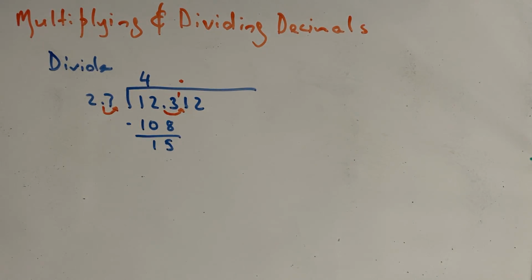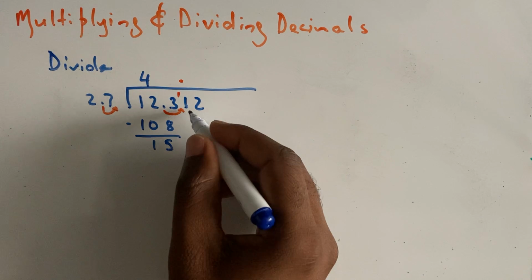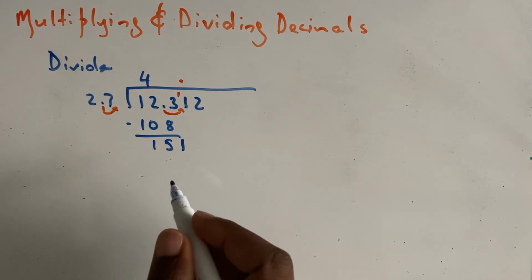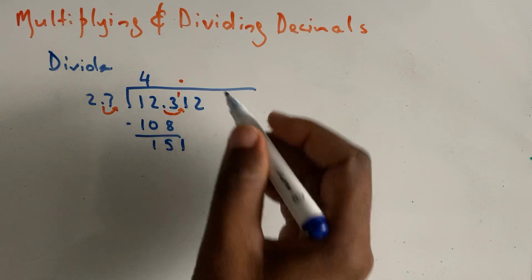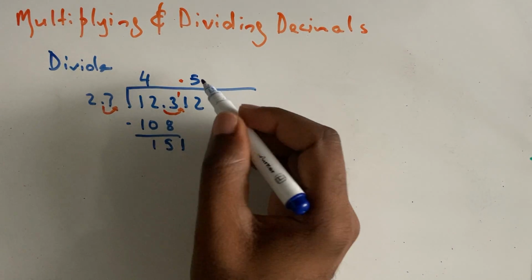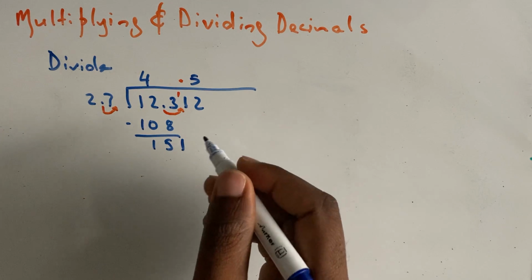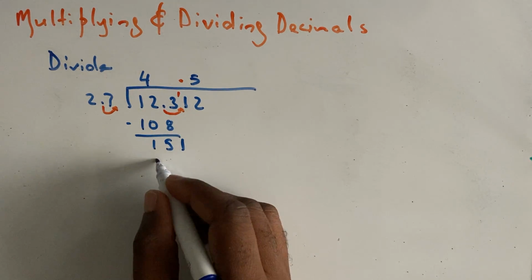So bring the 1 down. 151, so 27 goes into 151 how many times? In this case, 5 times. 5 times 27 is 135.